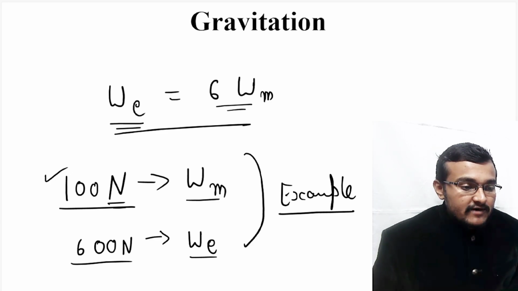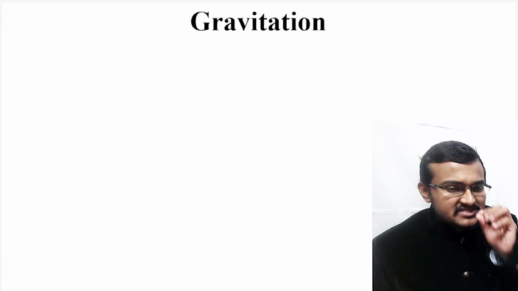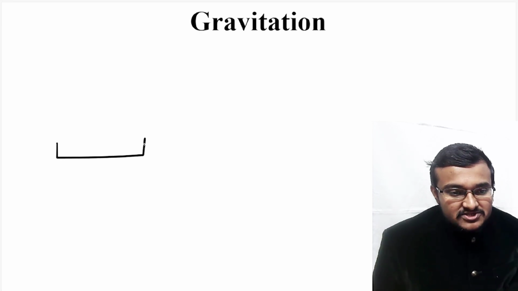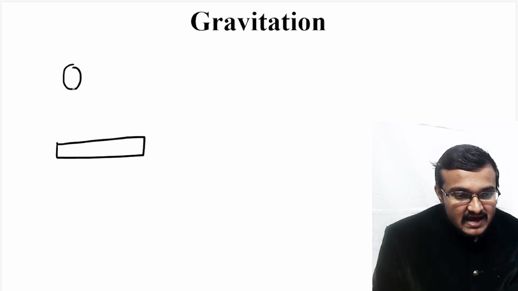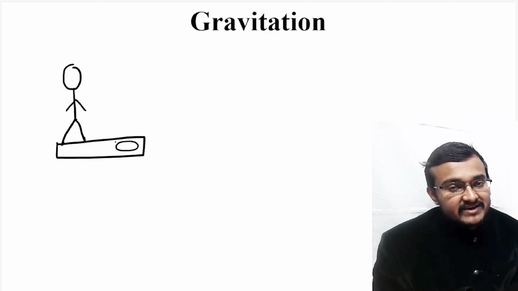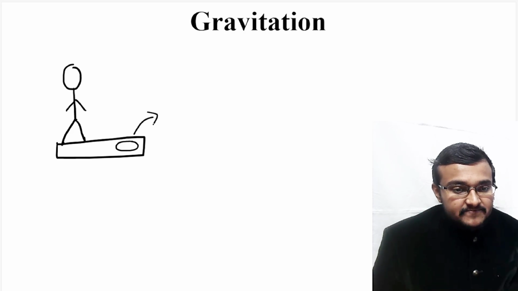So now, after understanding about mass and weight, I'll give a small example. On a weighing balance: if you have a weighing balance in your house, you can keep it down and stand on it like this. Whatever reading you get on that weighing balance, is it really your mass or weight?